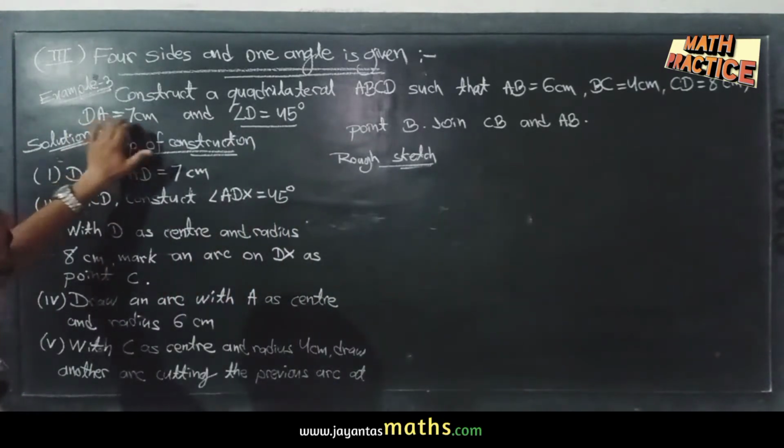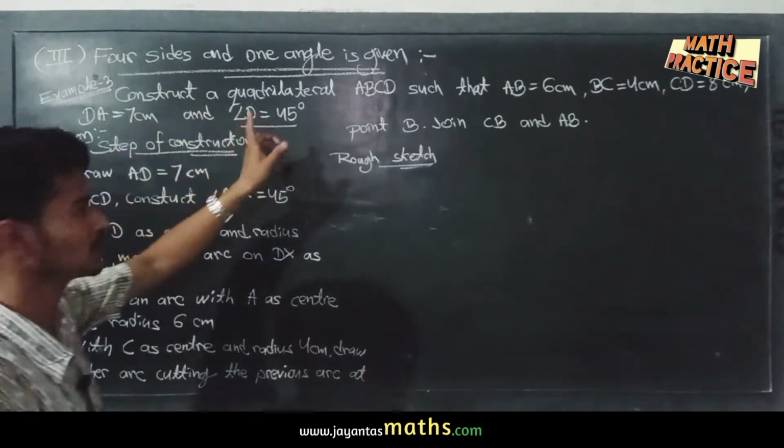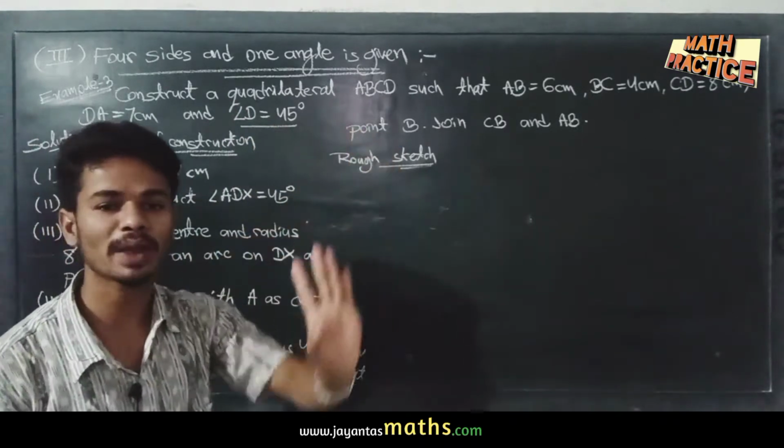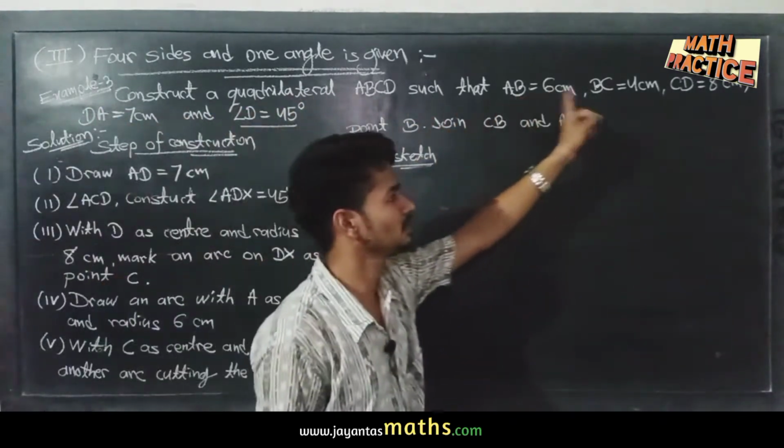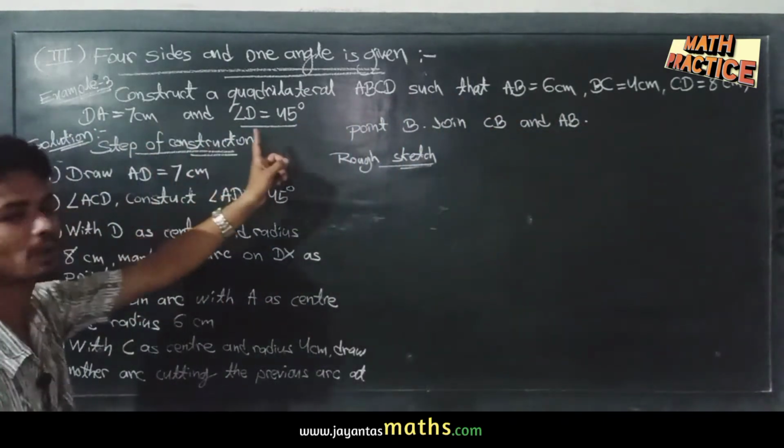DA is equal to 7 cm, and the last one, angle D is equal to 45 degrees. Here are the given things: four sides and one angle.